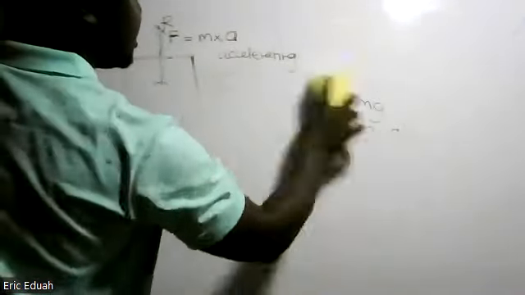Okay, so please look at it, go through or copy so we can solve it together. It says one end of a light inextensible string is attached to a horizontal ceiling. Don't let the question scare you. It's not difficult.